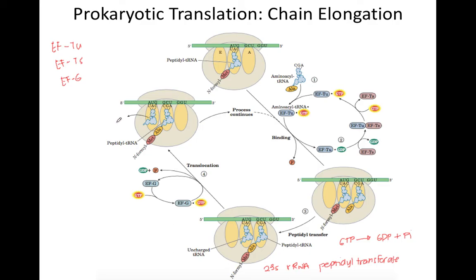So now the A site, once it is free, is ready to accept the next EF-Tu with the tRNA. If you will notice, in translation, we are using GTP as the source of energy and not ATP.